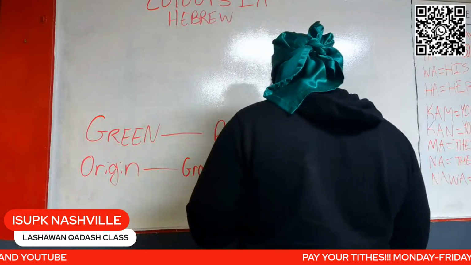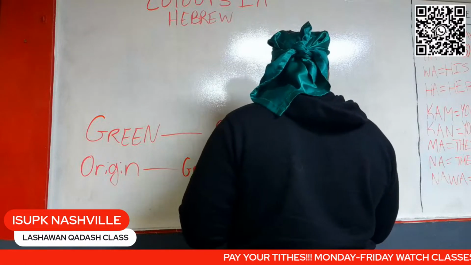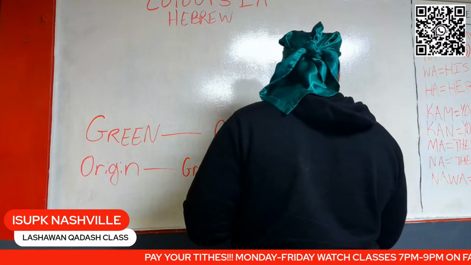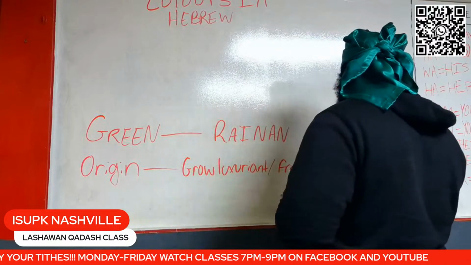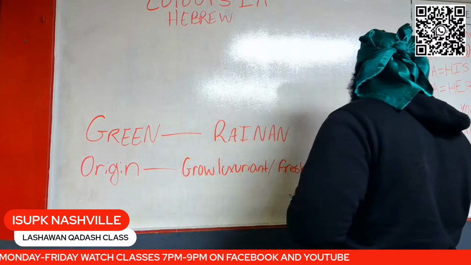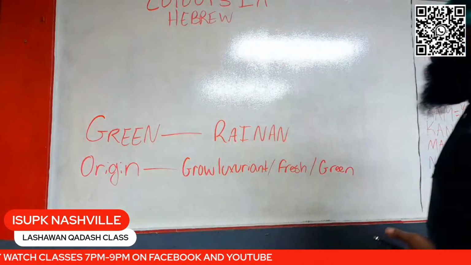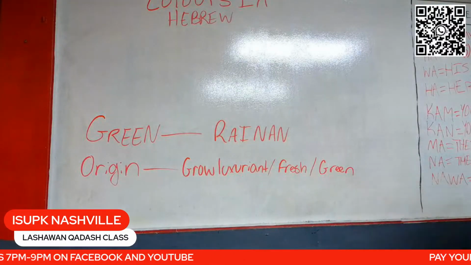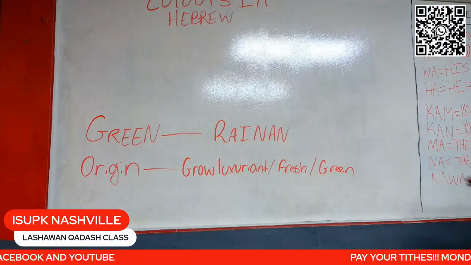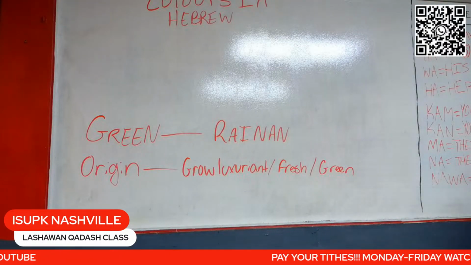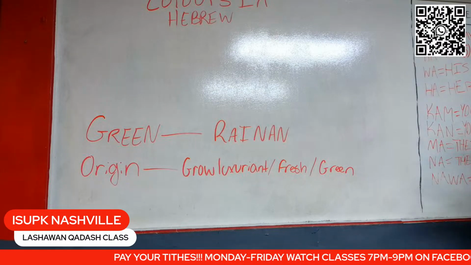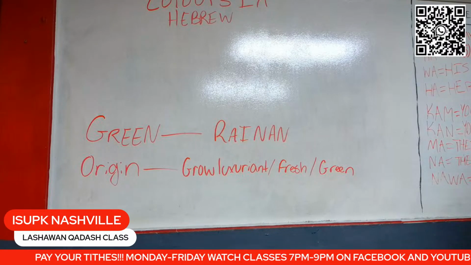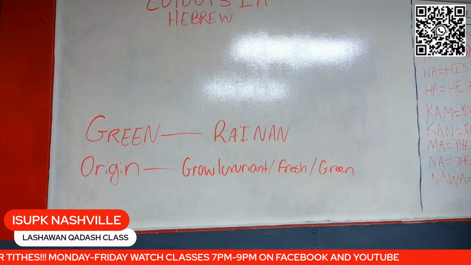or fresh, or just green. Excuse me. So that's the origin. The origin of Ra'anan is grow luxuriant, fresh, or green.